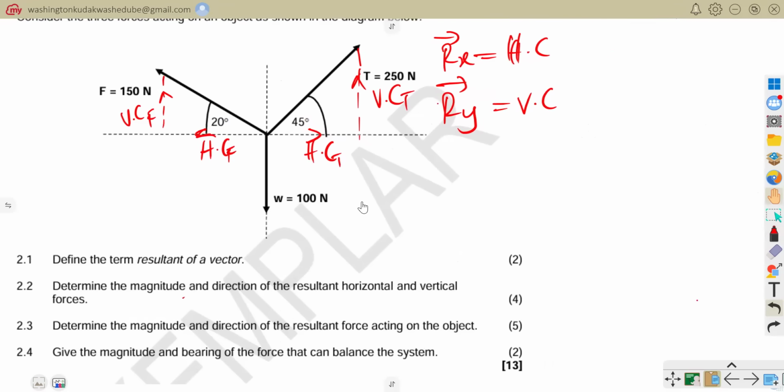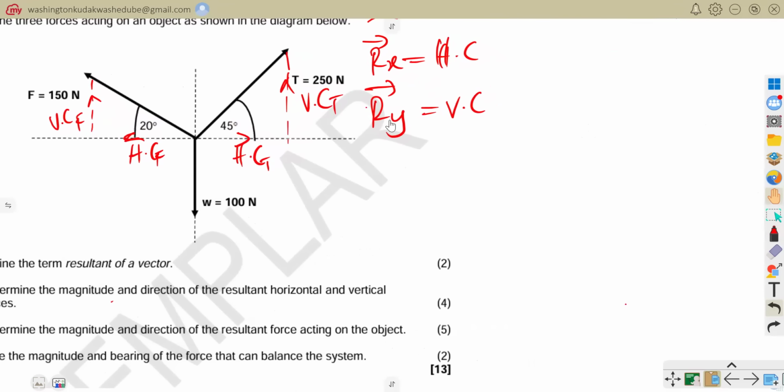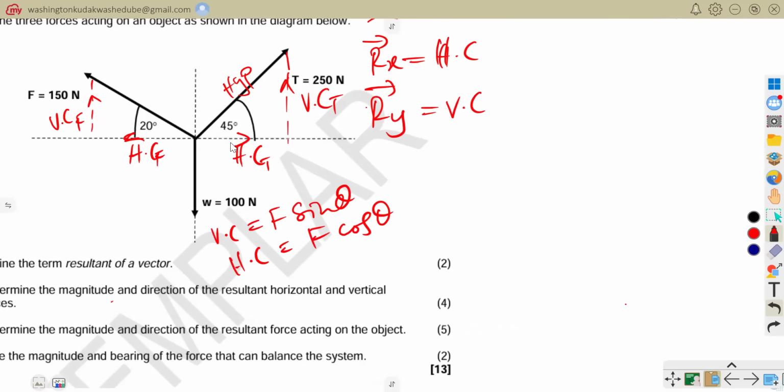The vertical component is given by our hypotenuse, which is our force. So it will be F sine theta, while the horizontal component will be given by F cos theta. So if we resolve this into horizontal, it will be F cos theta, and this one will be F sine theta.